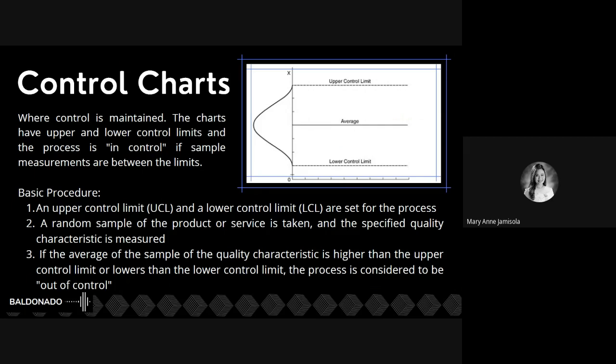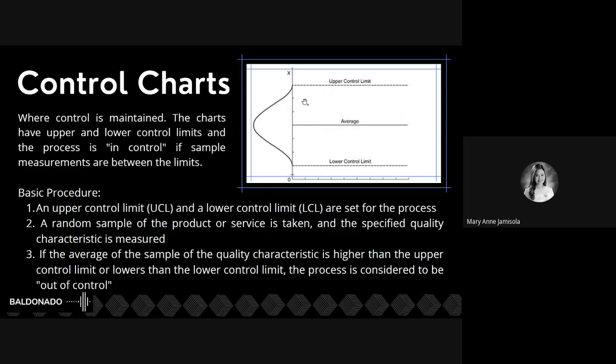And when we evaluate a process, we can say that the process is in control if the sample measurements are between the limits. So you can see here the upper control limit and the lower control limit. If it is within the upper control limit and the lower control limit, we can say that the process is in control.